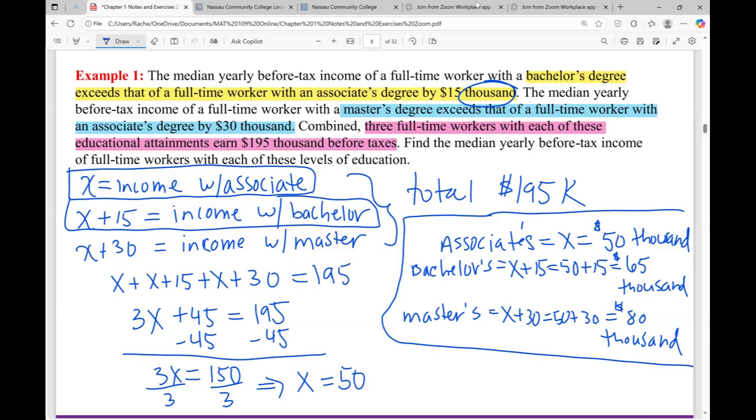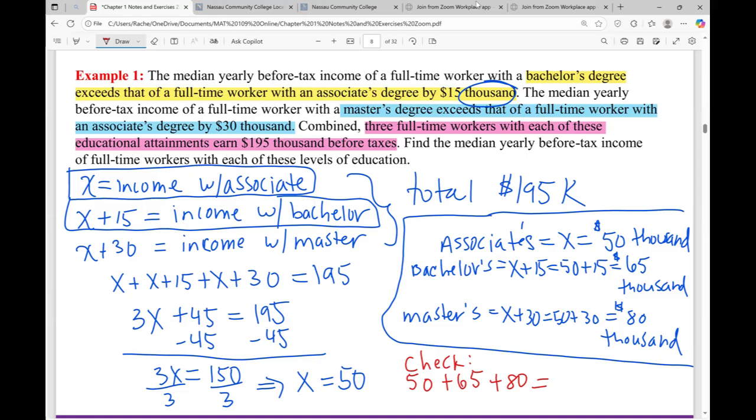So we know that the total of these three different incomes should add up to 195,000. So let's make sure that that makes sense, right? In red, we'll check. 50,000 plus 65,000 plus 80,000 should equal 195,000.